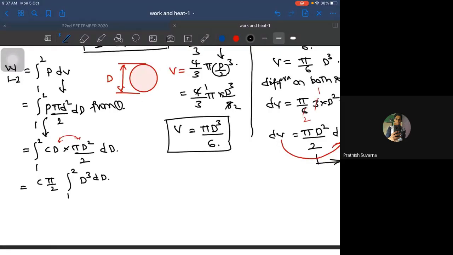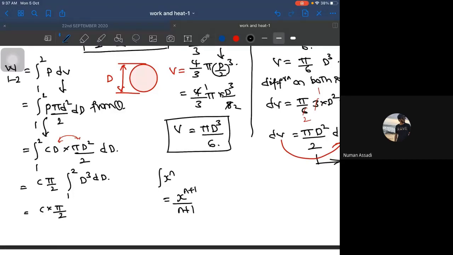Numan, yes. So how do I integrate d cube? Integration of x to the power of n, I will give you the formula. It is x to the power of n plus 1 divided by n plus 1.